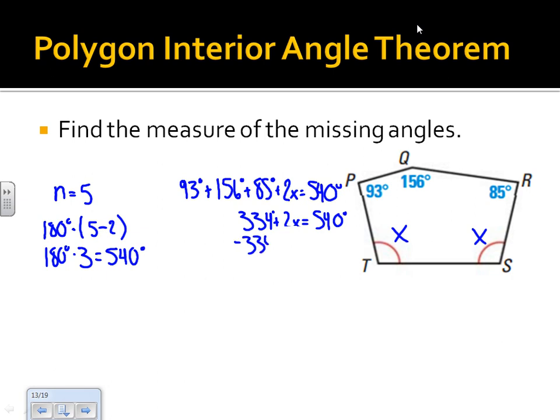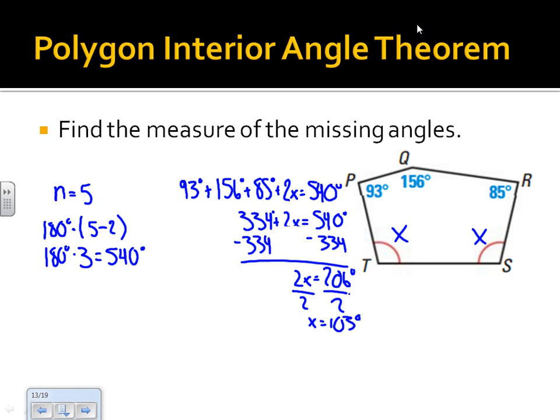All right, take a look at Gustavo's work. Remember, the first step is to find the total measures. So we know this is no longer 360. Why? Because how many sides? 5 sides. What was 360 for? 4 sides.